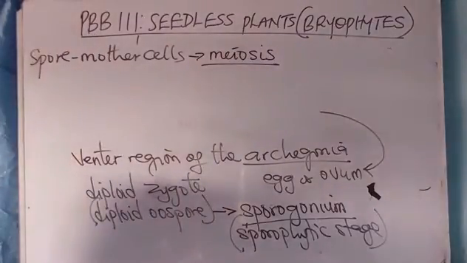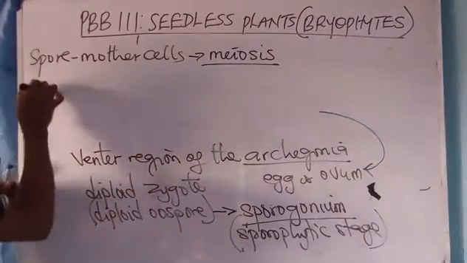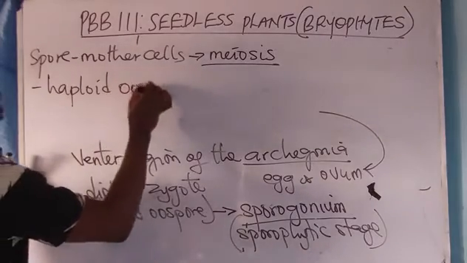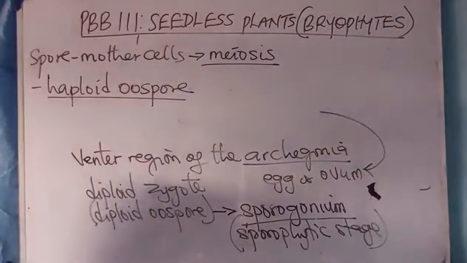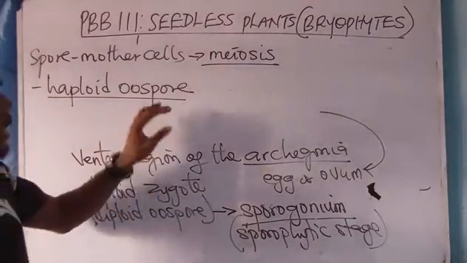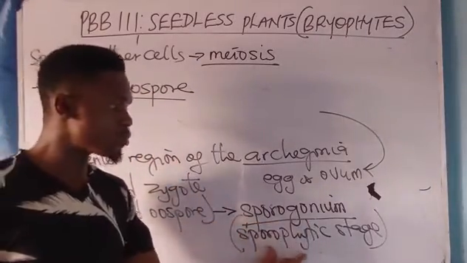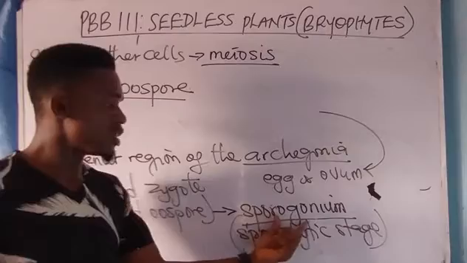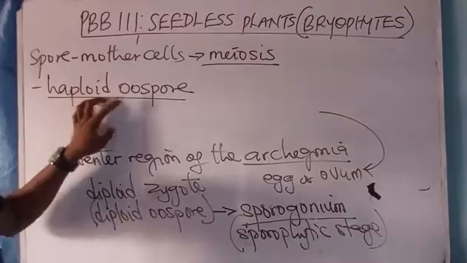I did not say mitosis. It undergoes meiosis to produce a haploid oospore. Now, I said a diploid oospore produced from the fertilization of the antherizoid and the egg develops into the sporogonium, which is the sporophytic stage. Now, the spore mother cells in the sporogonium undergo meiosis to produce the haploid oospore.